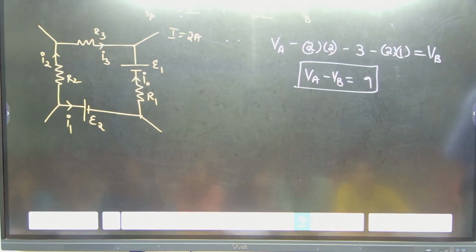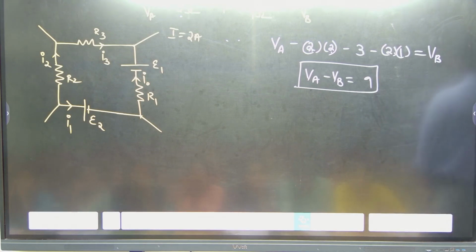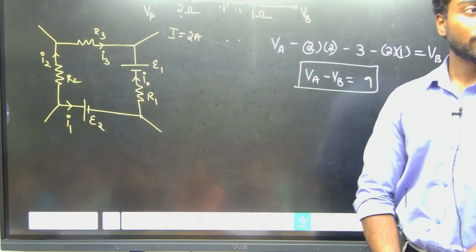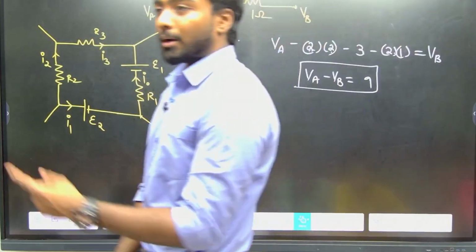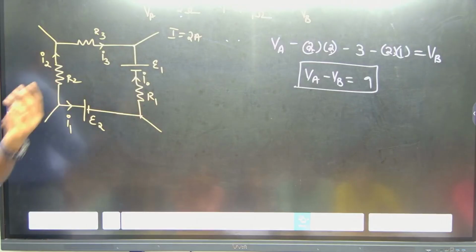So till now we were talking only about the potential difference across the circuit, like VA minus VB or VB minus VA. Now we are using the voltage law. The sum of potential in the circular path should be equal to 0. One law is talking about the current, the second law is talking about the voltage.